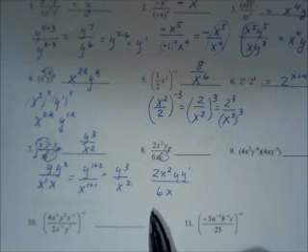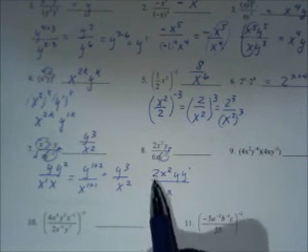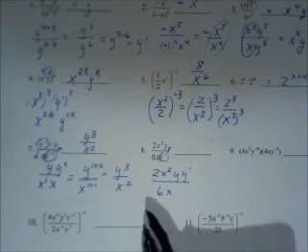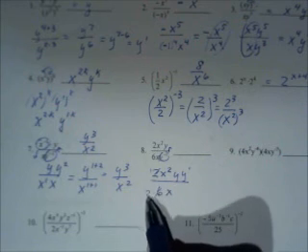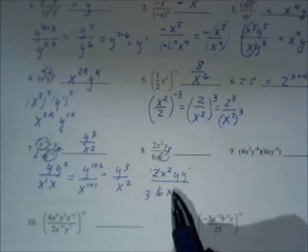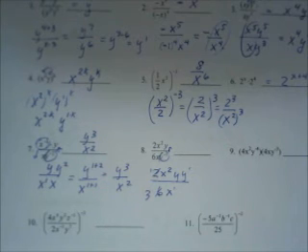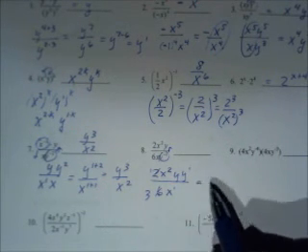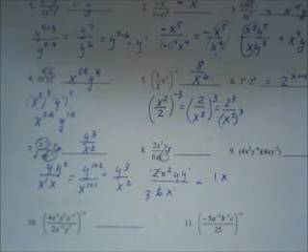So now we have division. Well, the 2 and the 6 we can reduce, right, to 1 and 3. And now x squared divided by x to the first, we're subtracting those exponents. So that would leave us with an x in the numerator.